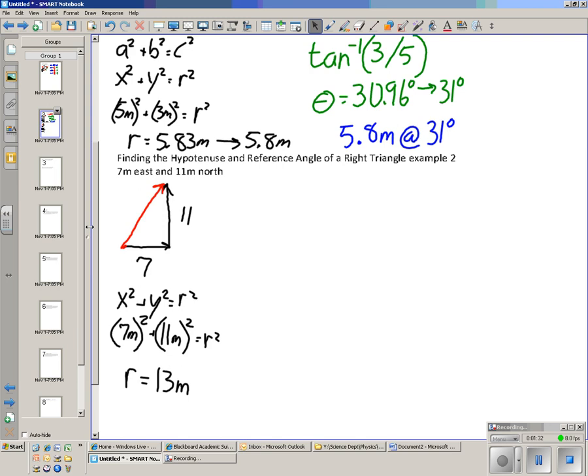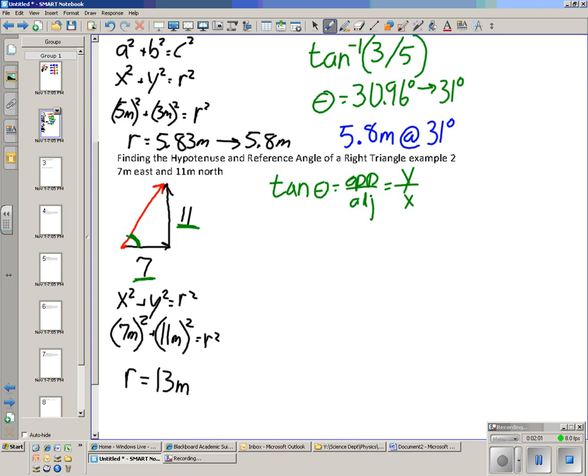Once again, though, we have to figure out what this angle is here. And the angle is going to be using the opposite and the adjacent. So opposite and adjacent, once again, is tangent. So tangent of theta is opposite over the adjacent, or y over x.